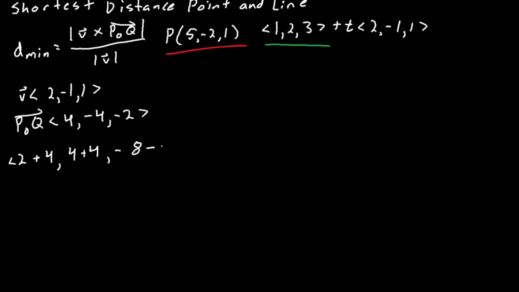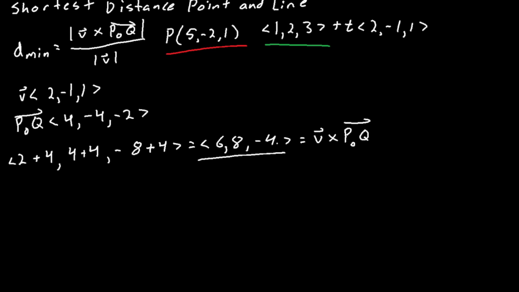It's -8 plus 4. And this turns out to be 6, 8, and -4. This is the cross product between vector v and P null Q. Let's go ahead and find the magnitude of this.